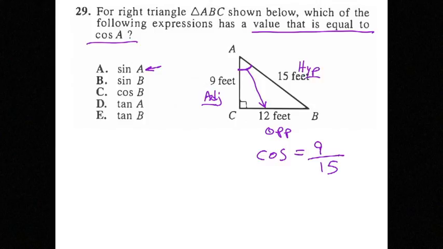Well, if I look at sine of A, no, sine of A would be 12 over 15, so we know it's not A. The sine of B, now that's turning things around, and so I look at B and I would say this is my opposite and that is my hypotenuse, and that indeed would be the sine of B would equal 9 over 15, which is the same thing, so that makes the answer B for 29.